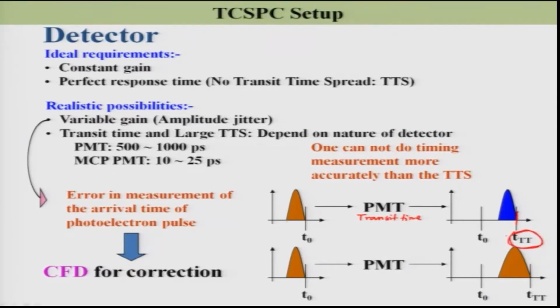But this is not a constant, because this width may vary. Sometimes I will get it at this position, sometimes at this position, and so on. So this is called the transit time spread, and it is the most difficult part of this kind of detector.